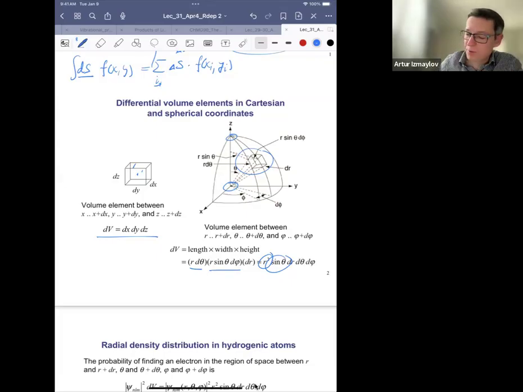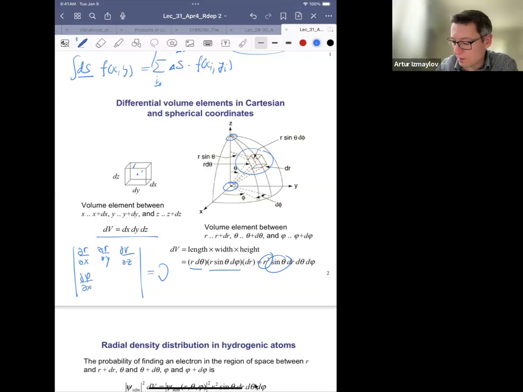But properly speaking, it would all just come from the so-called Jacobian, the coordinate transformation between the derivatives with respect to r, phi, and theta, of x, y, and z.